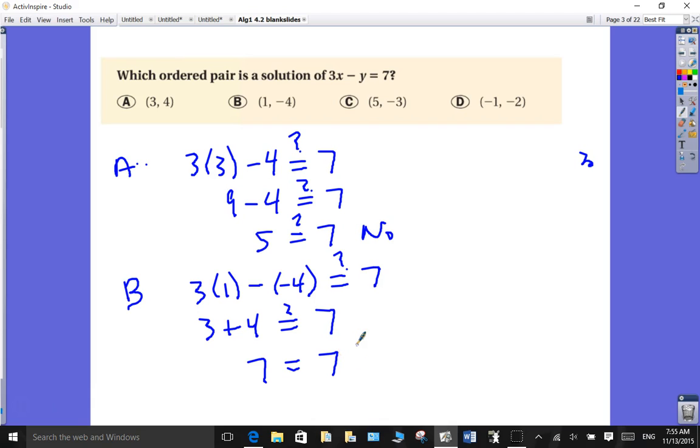What property tells us that 7 equals 7? Reflexive property. Going over the results of our 9-week test, we did not do well at all on the properties questions, and especially the one question that had to do with this.